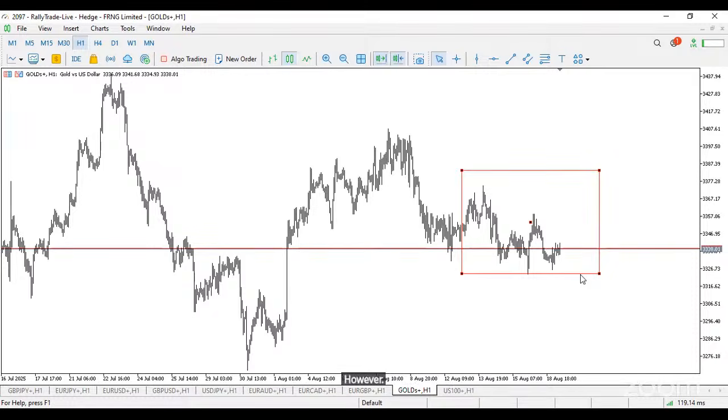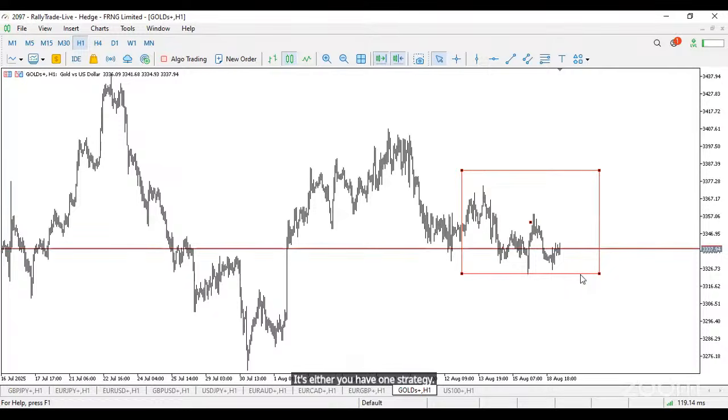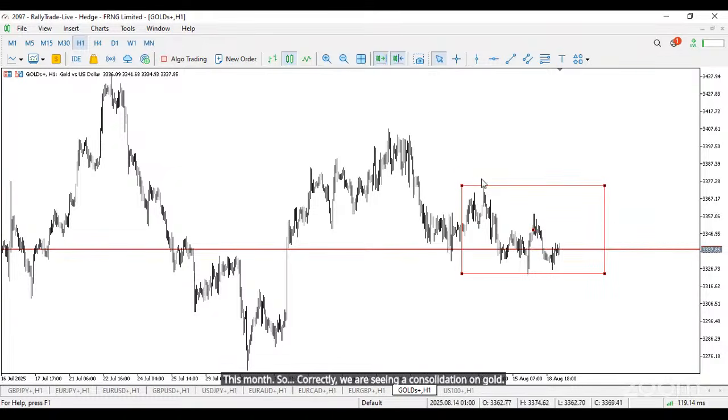However, if you only have one strategy, you should only be looking out for the setup of your one strategy on any of the charts, or you have different strategies for different scenarios. So you apply the most appropriate strategy to the scenario that you are looking at. That's how to be flexible. Whichever way will give you money in this market. So currently, we are seeing a consolidation on gold. It's as simple as that.